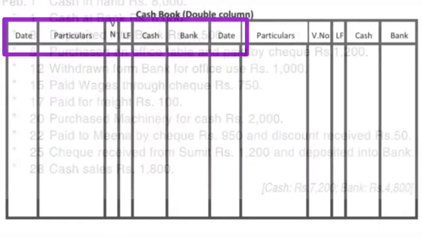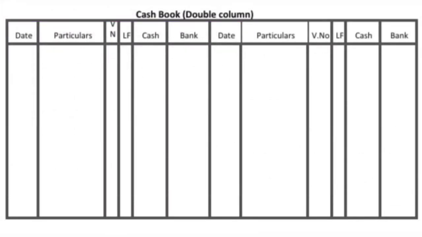First we can record 8,000 as the opening cash. So 8,000 we can enter in the cash column. The date is February 1st. This is the opening balance, so we can write here 'To balance brought down'. And the opening balance of bank is rupees 6,000.